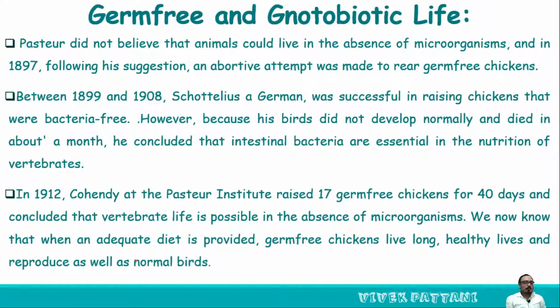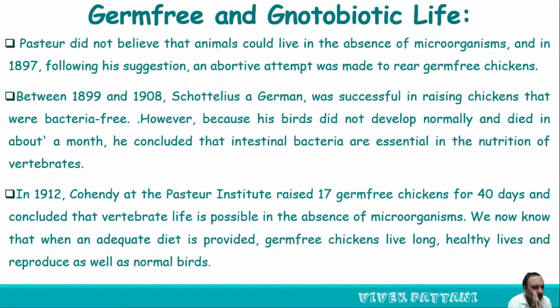Now the concept of germ-free and gnotobiotic life is the basis which made the basis of the normal flora. Earlier, Pasteur did not believe that animals could live in the absence of microorganisms, and in the year 1897, following his suggestion, an attempt was made to rear germ-free chickens.